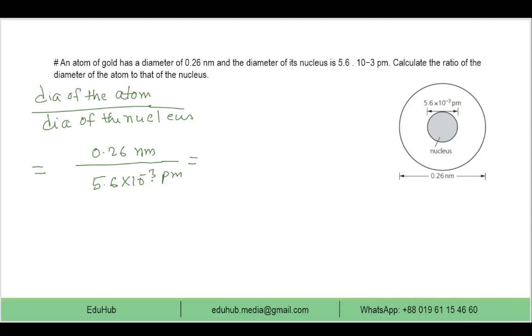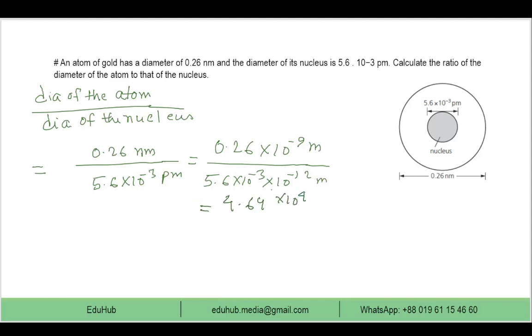So for convenience we convert the numbers into meter. Pico means 5.6 into 10 to the power minus 3 into 10 to the power minus 12 meter. And we can write 0.26 into 10 to the power minus 9 meter. The ratio is 4.64 into 10 to the power 12.